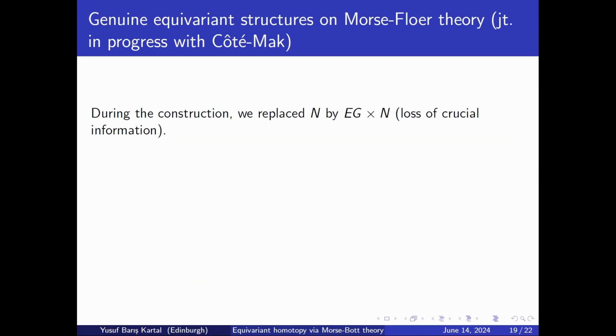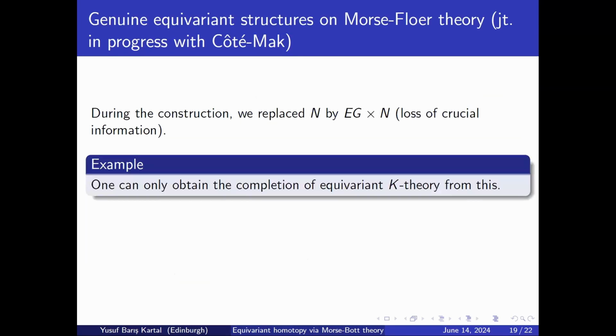During the construction, we actually replaced M by EG cross M, and this actually means loss of a lot of information. So, for instance, you can only obtain the completion of equivariant K theory from this. It depends on what you mean by equivariant K theory, of course, but there is a distinction between genuine equivariant spectra versus Borel equivariant.